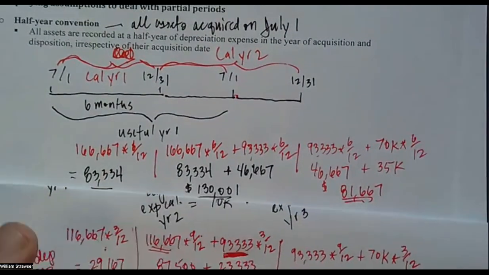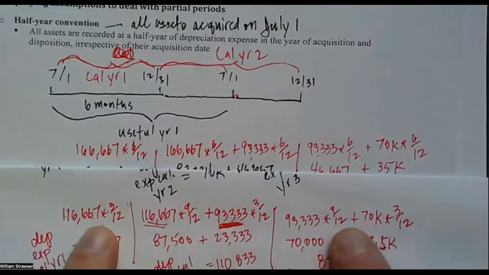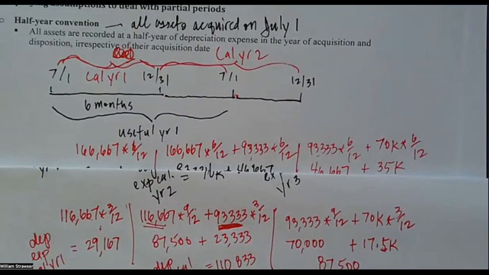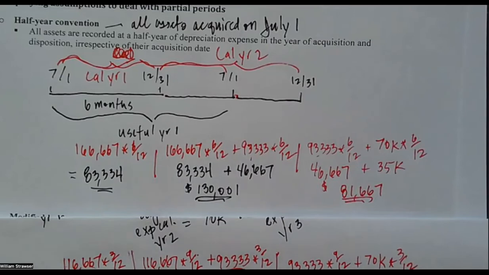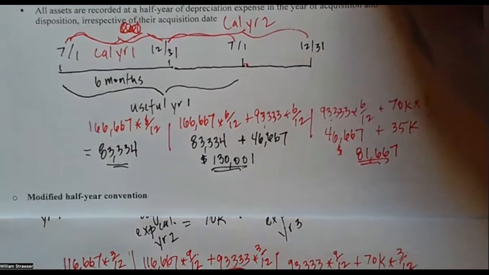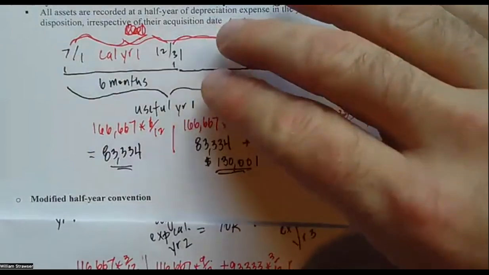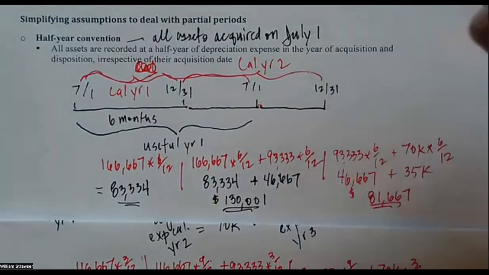So it just cleans up, it makes it easier. We don't have to worry about those fractions. And dealing with 3/12 and 9/12 isn't that bad. But like I mentioned, if you ended up buying something on September 10th, then you would have a portion of a year that's not clean at all, and then basically 1 minus that portion in the next year. So the half just makes it a little bit easier because we are just taking half of everything. That's an easy calculation. Then we have an even more simplified convention.